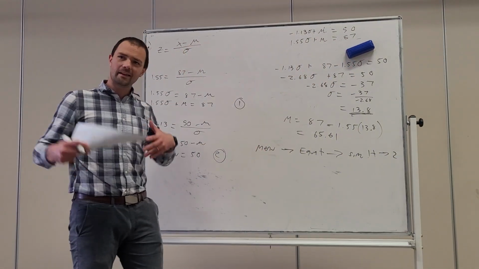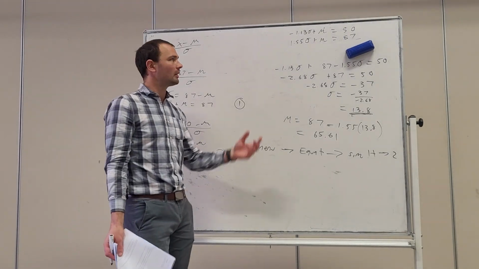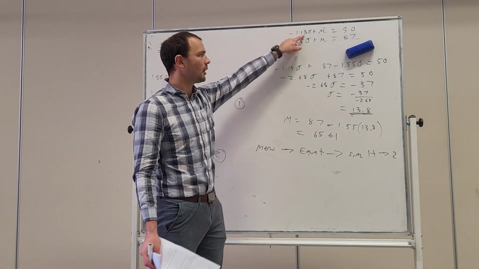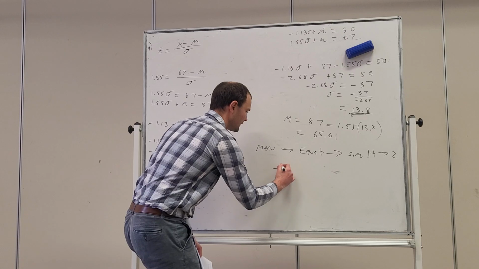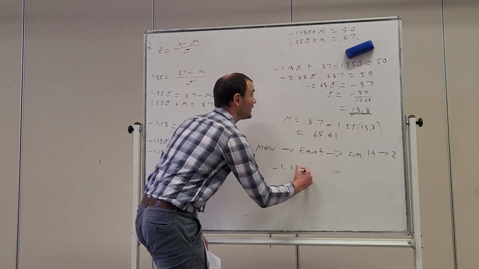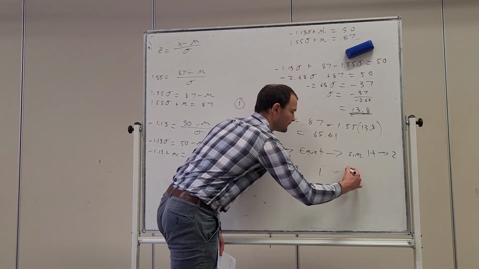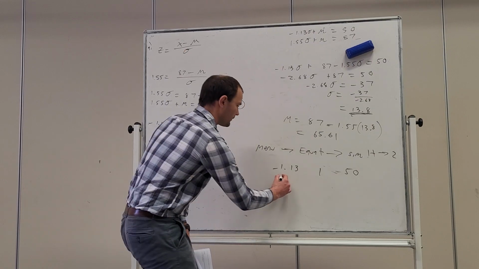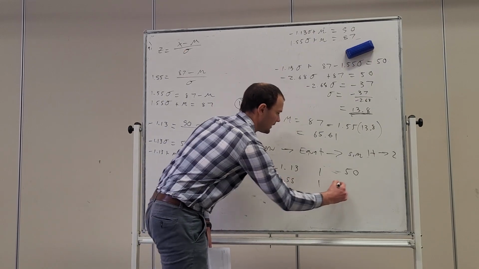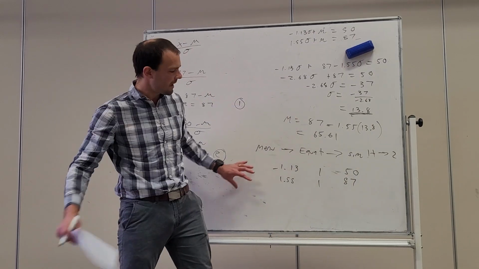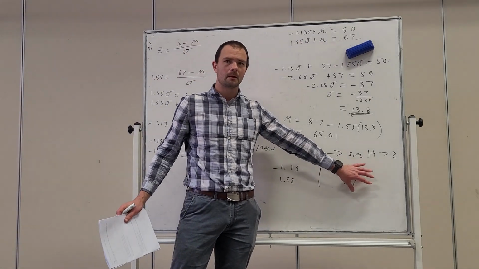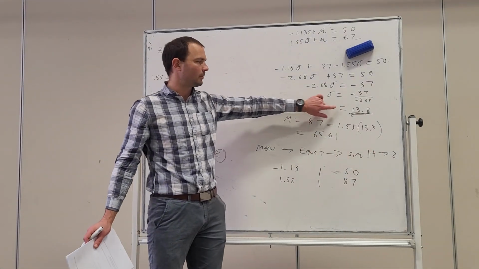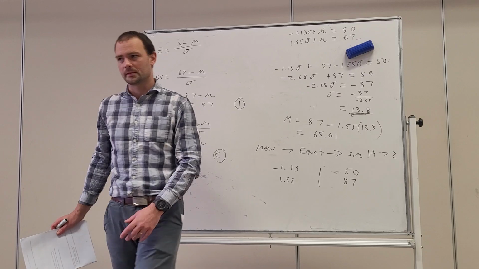Then you enter the coefficients: minus 1.13, 1, and 50. Then 1.55, 1, and 87. We type that in, press execute, and it comes up with these as our solutions.